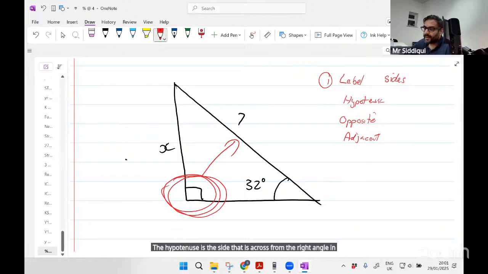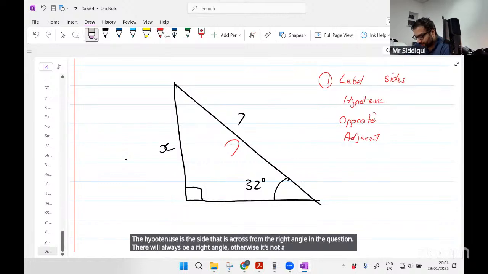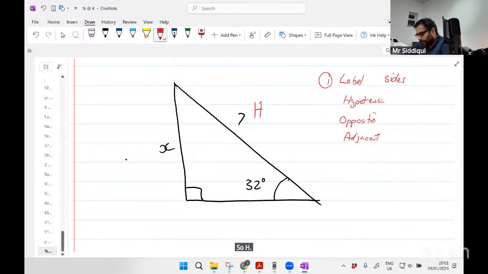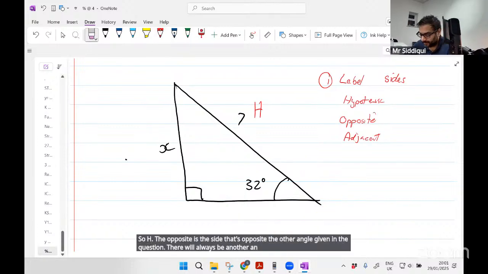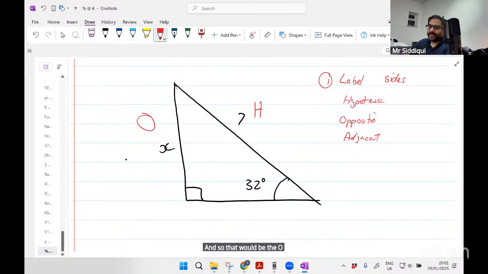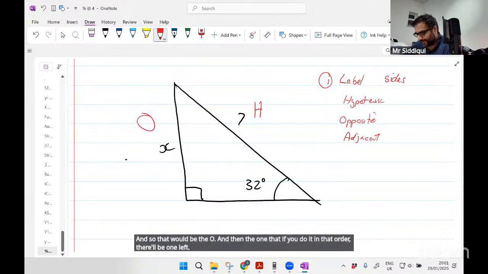There will always be a right angle, otherwise it's not a trigonometry question. So H. The opposite is the side that's opposite the other angle given in the question. There will always be another angle, otherwise it's not a trigonometry question. And so that would be the O. And then if you do it in that order, there'll be one left. And the one that's left is the A.